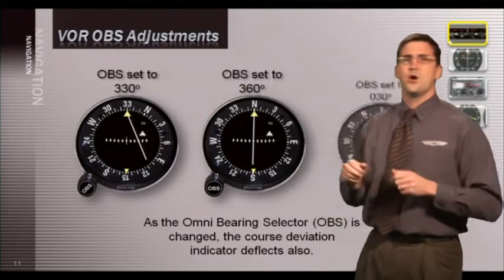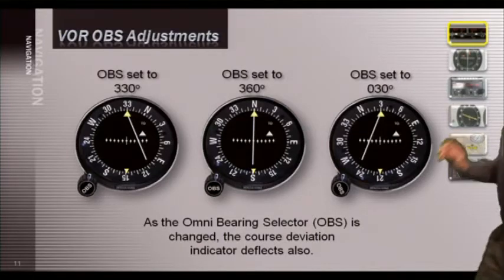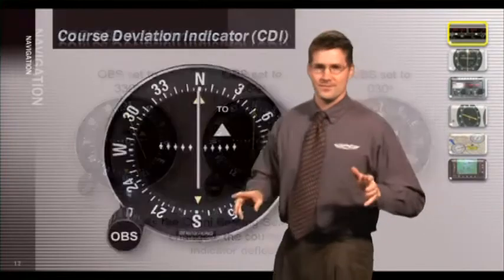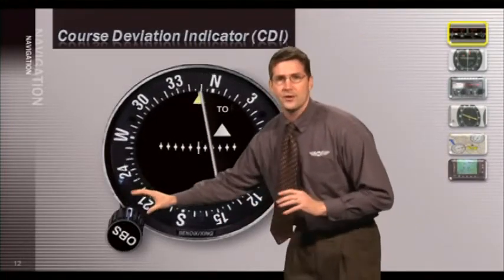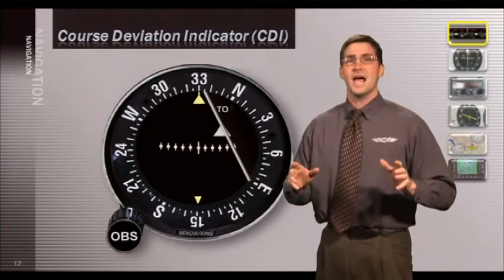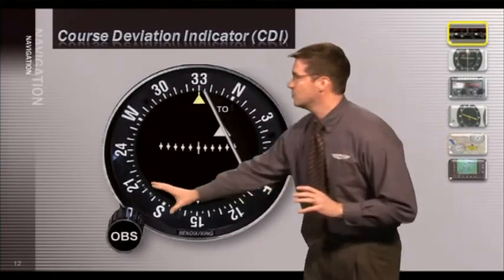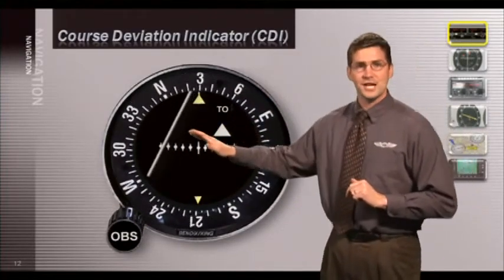When you set the OBS to 030 degrees, the needle deflects to the left, so you can intercept the 030 degree radial. Now, let's put this concept into motion. First, we'll set the OBS to 330 degrees, and when we do, note the needle deflection. Next, we'll set the OBS to 030 degrees, and again, note the needle deflection.